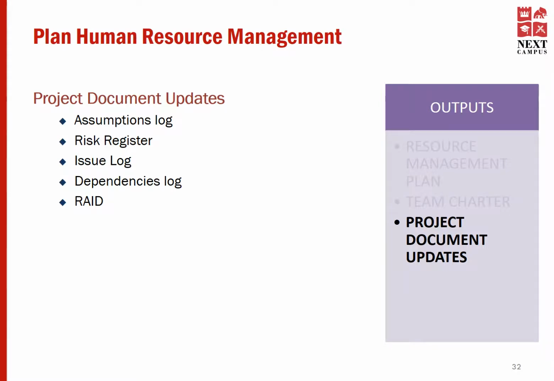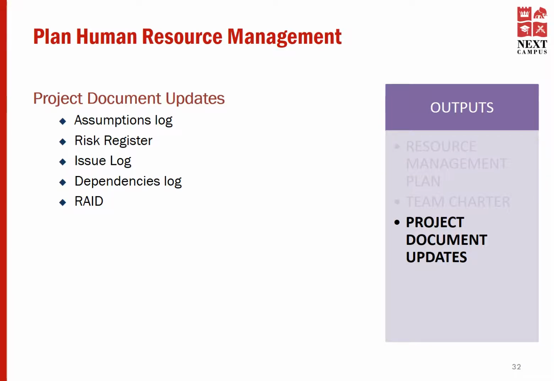Third, the issue log. Any issue that comes up during your project needs to be listed down in the issue log. Fourth, the dependency log. These are the dependencies that you have in your project context. They could be internal dependencies where your deliverables are dependent on another component, or they can be external dependencies.